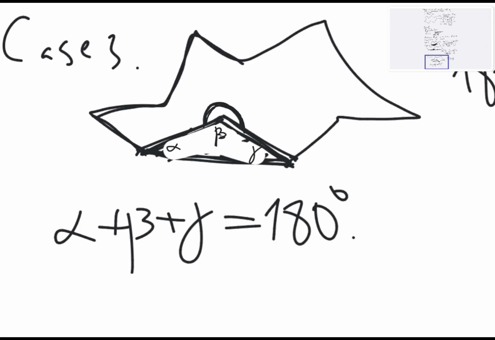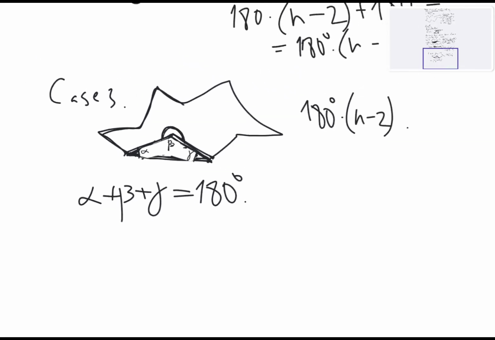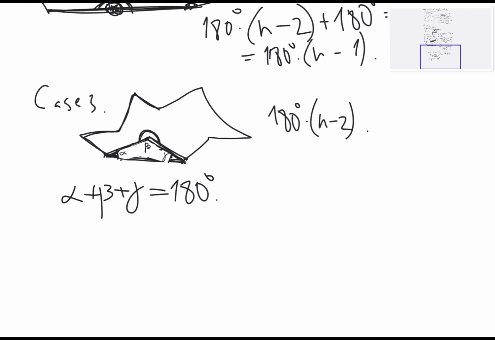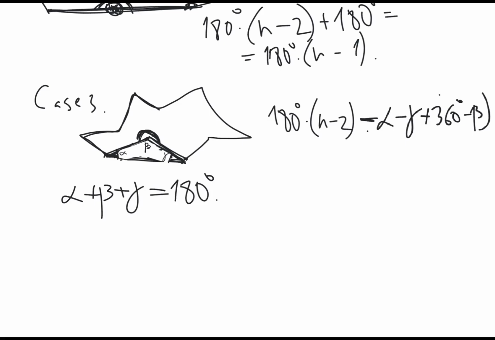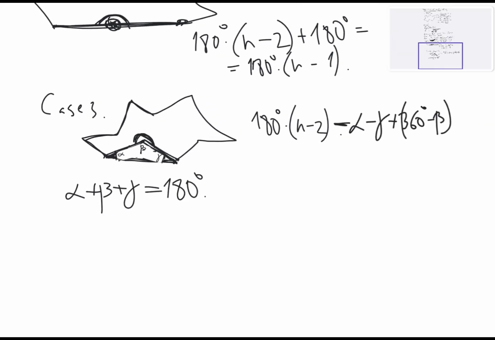Because this triangle is outside of the polygon, we need to subtract alpha, subtract gamma, but add this angle, which is 360 minus beta. That's what we need to add.